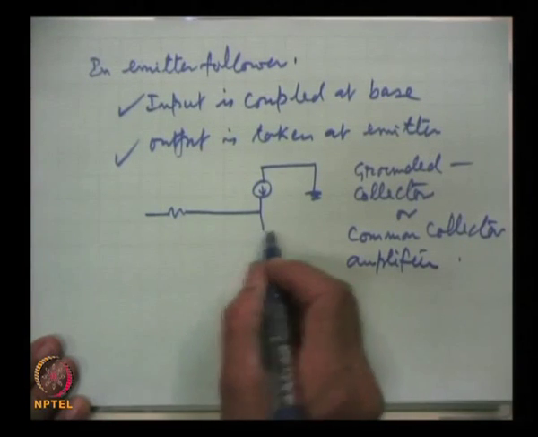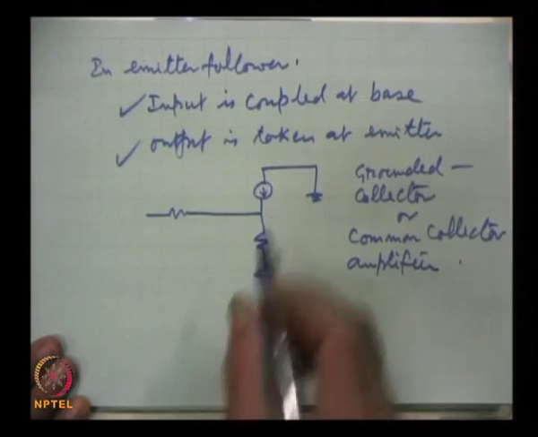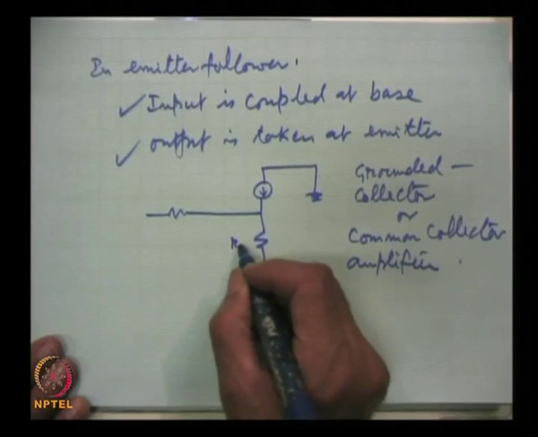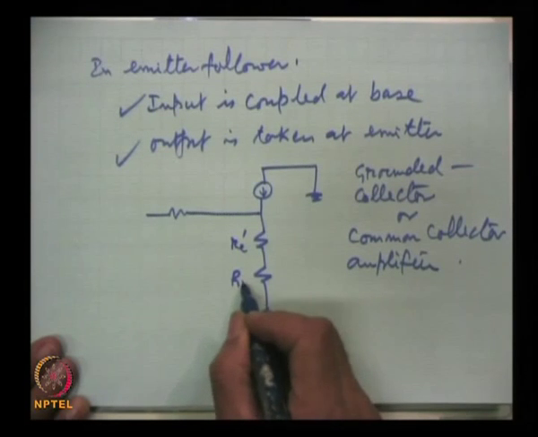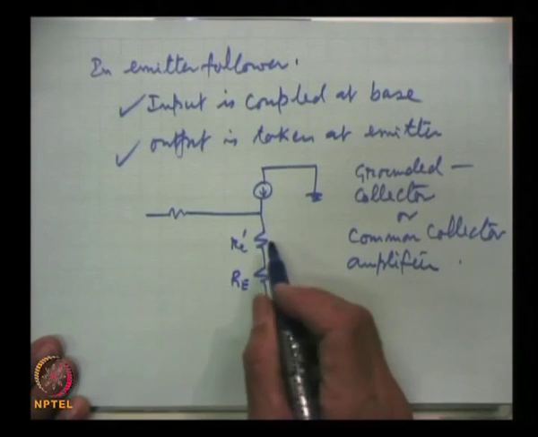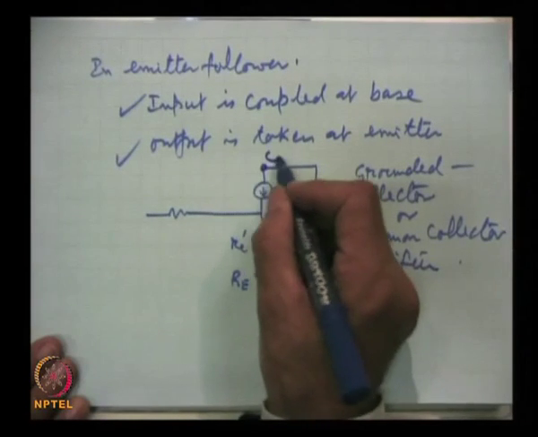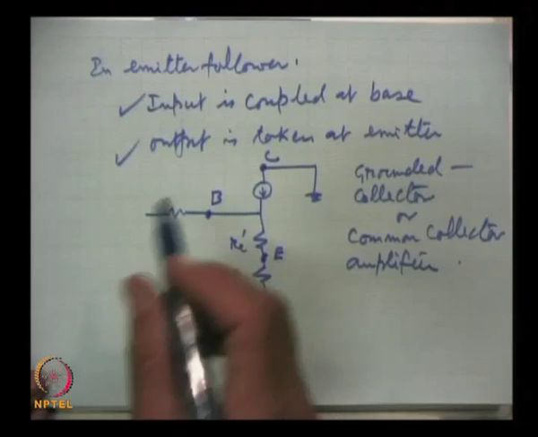And here this is R e prime, this is R e, and we are taking output. This is the emitter lead, this is the collector lead, this is the base lead.